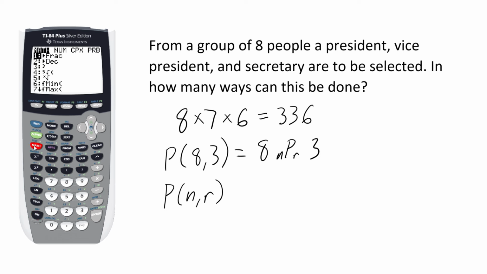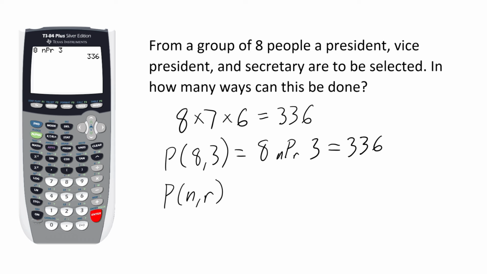We'll go to the Math button, and then over to Probability, and we'll go down one to nPr for permutation. So we want to do 8 nPr 3, and that's going to tell us the number of ways in which we can select 3 objects from 8 objects. And that's 336.